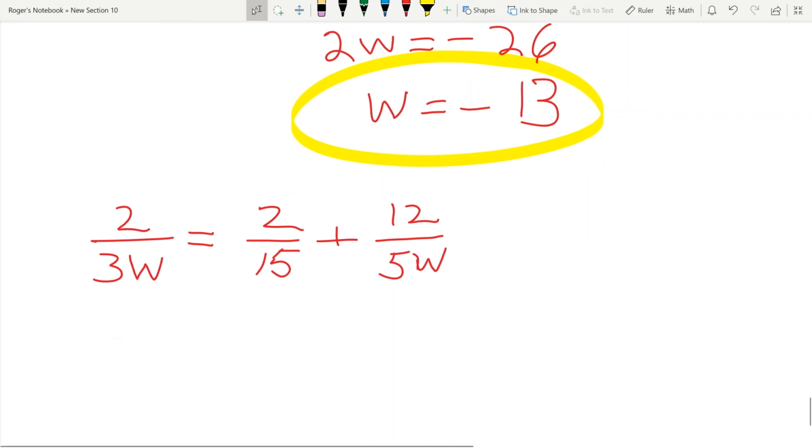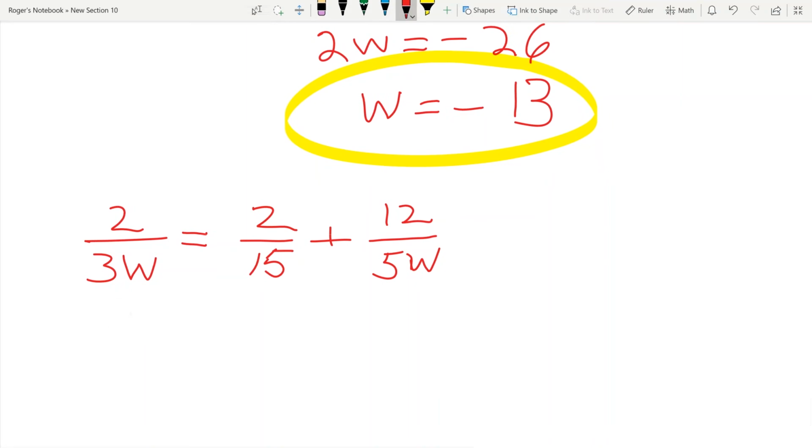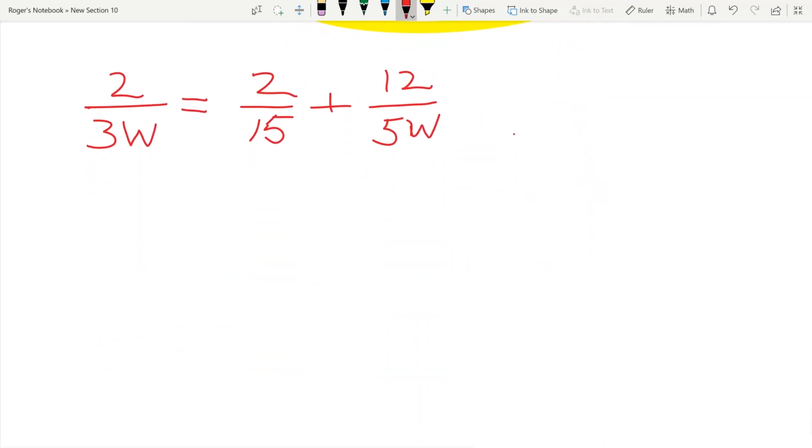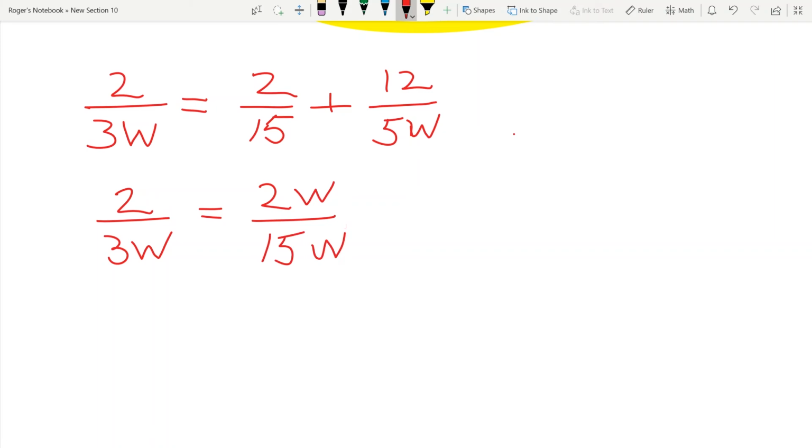So we will now have 2 over 3w is equal to, now we need 15w as our common denominator, right, on the right. We're going to want 15w, so we're going to say 2 times w over 15 times w. We multiply by the number 1.